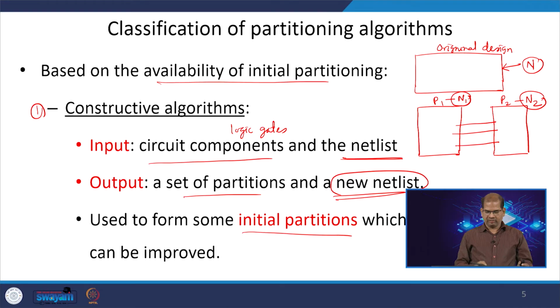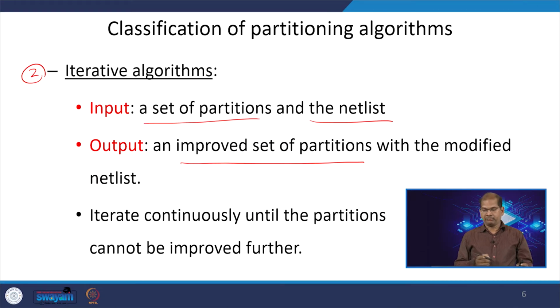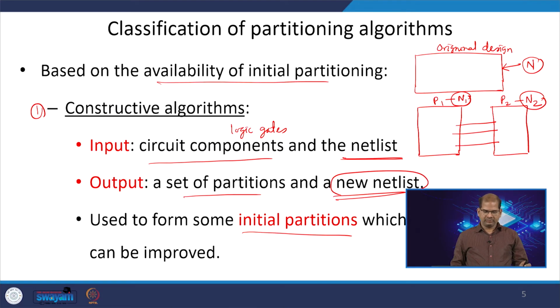So, here I am giving a set of partitions and the netlist, and I am getting an improved set of partitions with the modified netlist, and it iterates continuously until the partitions cannot be improved further. Whenever it cannot be improved further, it will stop. So, these are the two different types of algorithm based on the availability of initial partitioning.